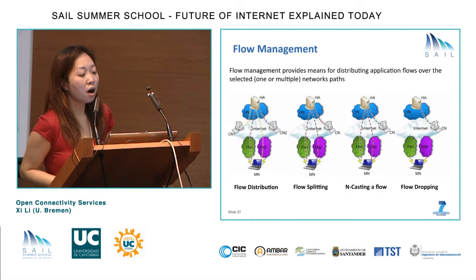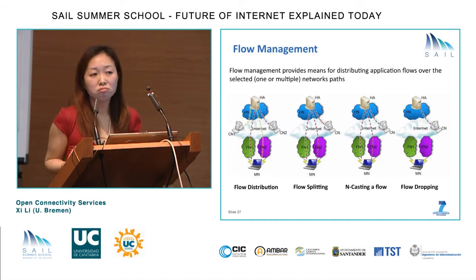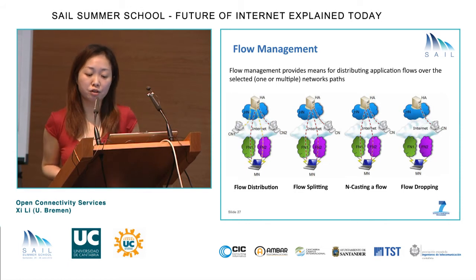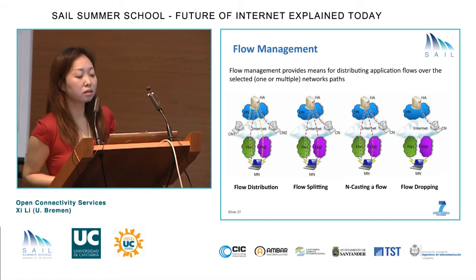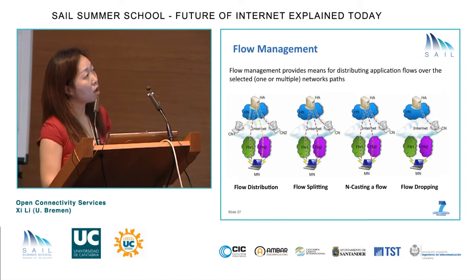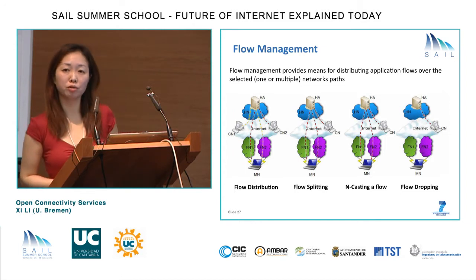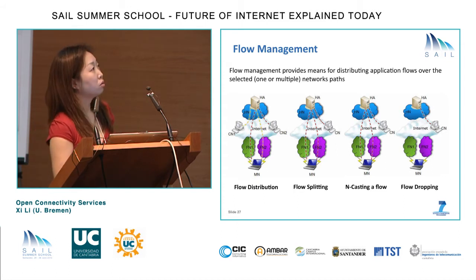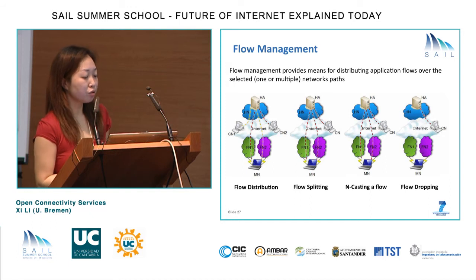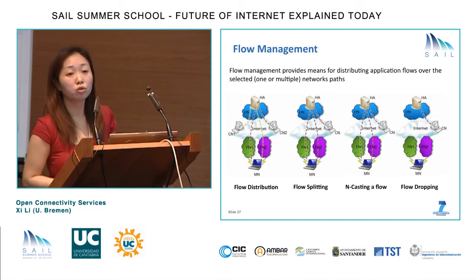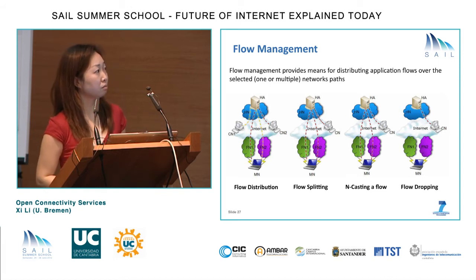In general, we can define four different options to distribute the application flows over the selected network paths. The first method is straightforward: just distribute the application flows. For example, if the user has two access networks, the question is how we can distribute the different application flows over these two different access networks.